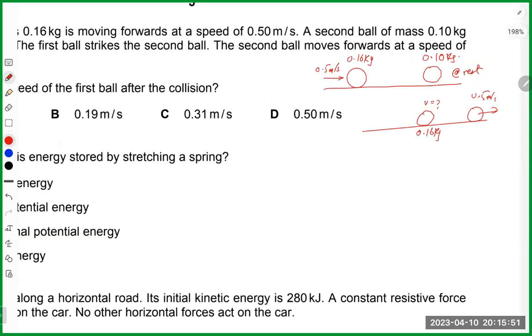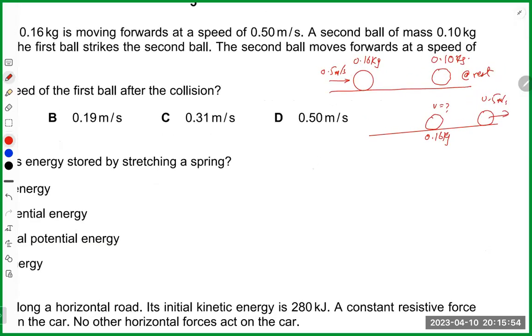Now, total momentum before and after collision is the same. So total momentum before collision is 0.16 multiplied by 0.5 plus 0.10 multiplied by 0, equals 0.16 multiplied by x, because I don't know the velocity of this one, plus 0.1 multiplied by 0.5. So I will have 0.080 plus 0 equals 0.16x plus 0.05.